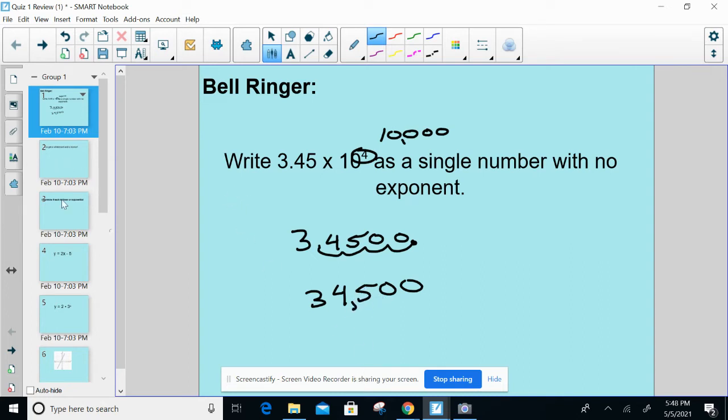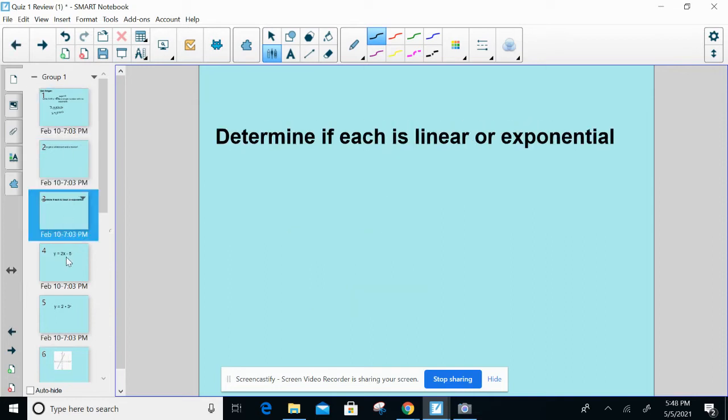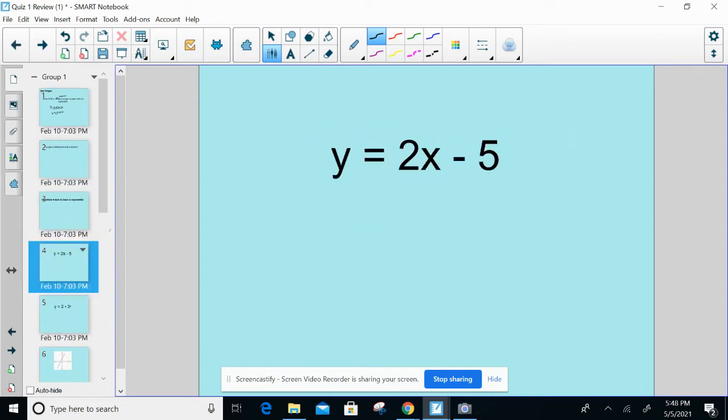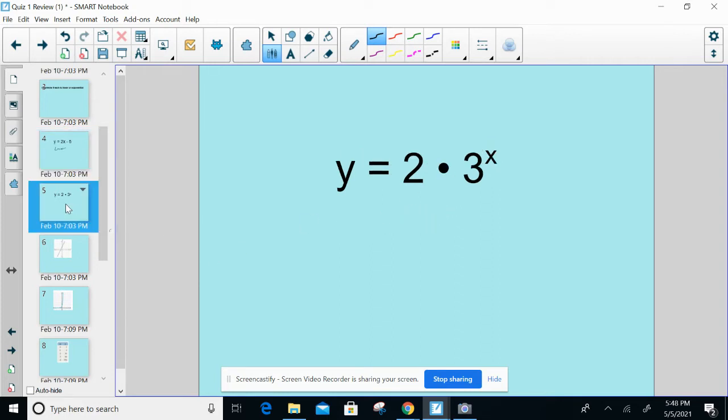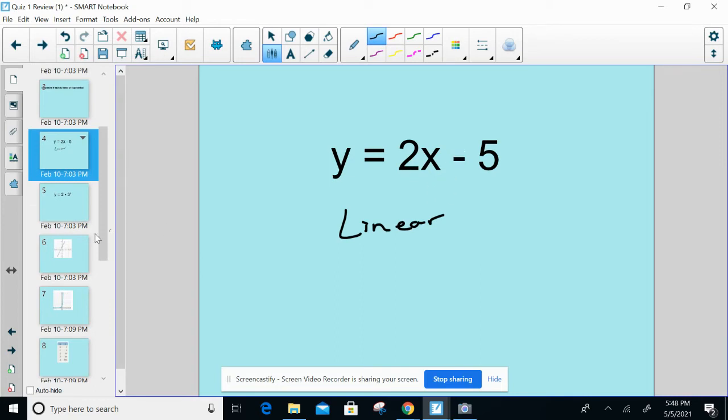If you want to put the comma to show it's 34,500, go for it. All right. Now, the other thing we talked about was linear versus exponential. Okay. Equations. There's no exponents. We know what this is. We've dealt with this all year. It's got a growth, a constant growth, a starting value. It's linear. Okay. Compare that to this, where, look, the x is just a regular part of the problem.